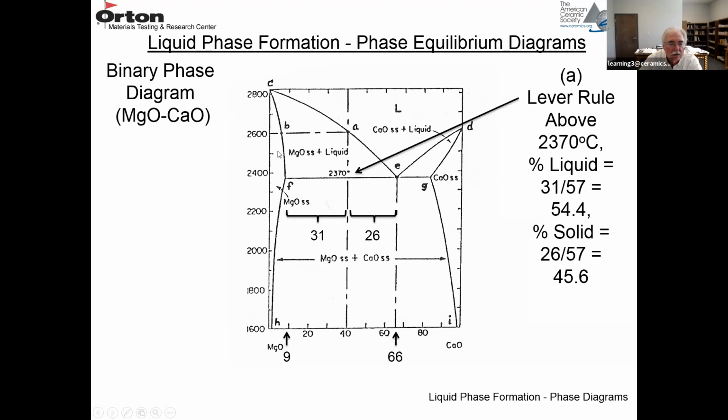So it's opposite the solid phase. 31 over 57 is opposite the liquid phase, so it's giving you the percent liquid. So it turns out at that position, you have 54.4% liquid and 45.6% solid. So you can use the lever rule and determine how much liquid and solid you have present at different compositions and temperatures in those two-phase regions.